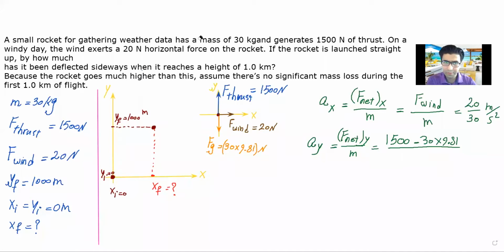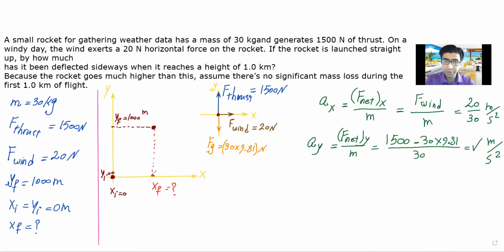So let's write down the mass here. And just by calculating this, you can find the acceleration in y direction also, which is in meters per second squared.